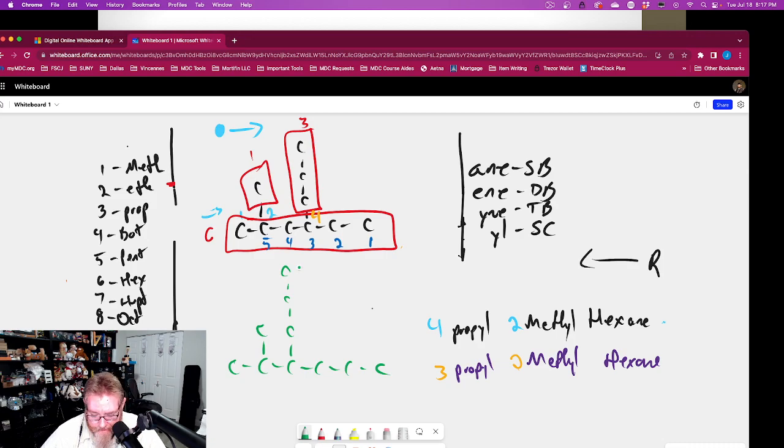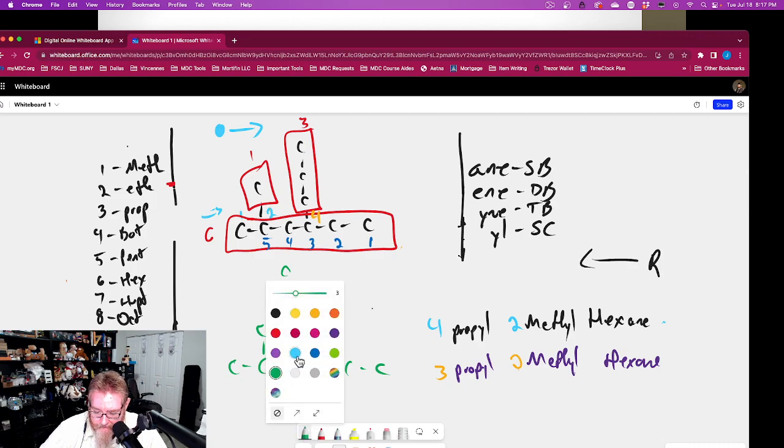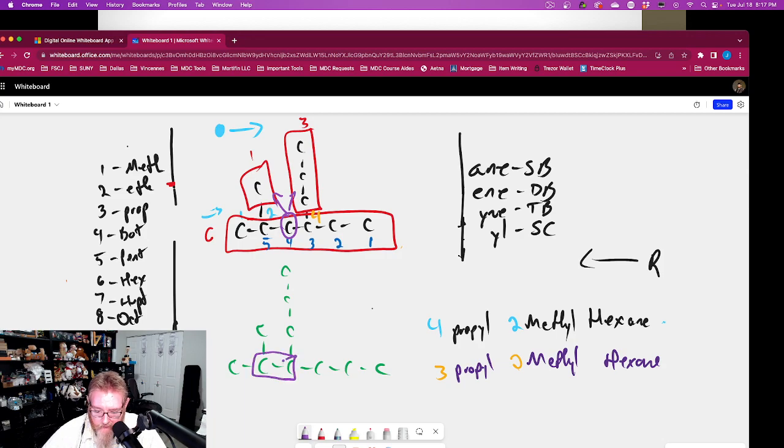What's our problem? You see it? In number 1, you have a carbon between this one and this one. You have literally a space between these two. On number 2, they're side by side. These are not the same molecule.